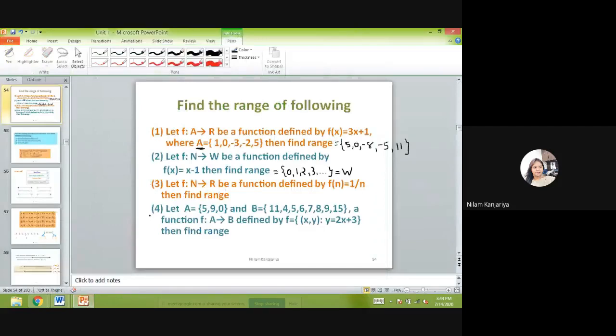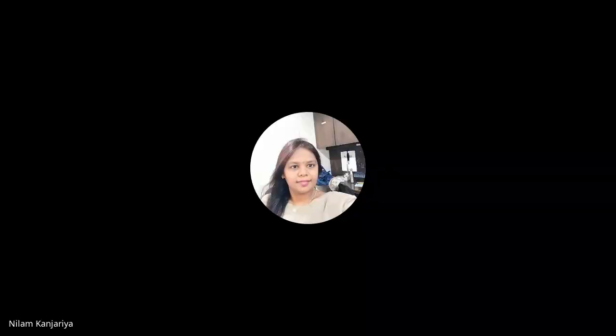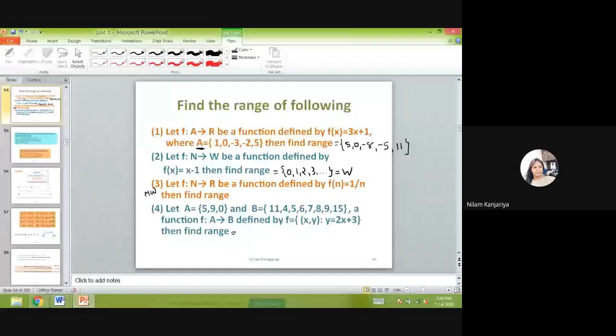But in homework, for question four you can find the range here, only three elements, because you have only three elements.